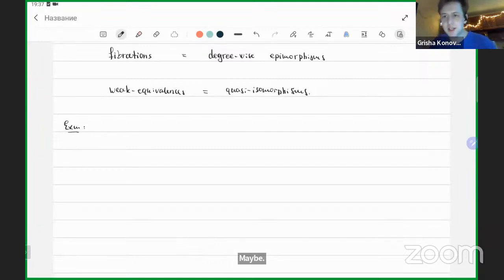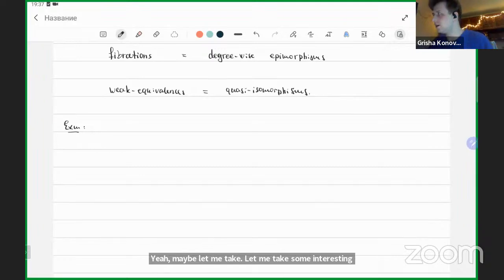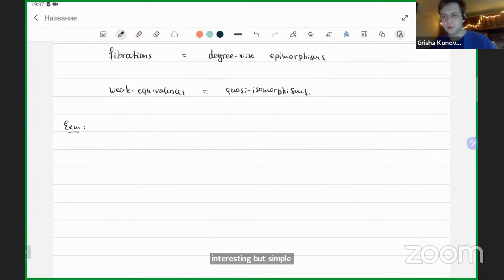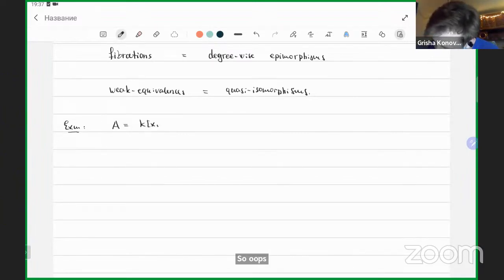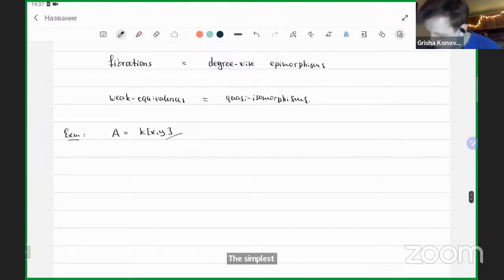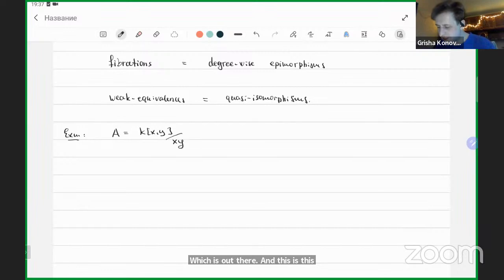Let me take some interesting but simple discrete commutative algebra and compute a cofibrant resolution in the category of connective differential graded algebras. So let's take the simplest singularity which is out there, and this is the node singularity.